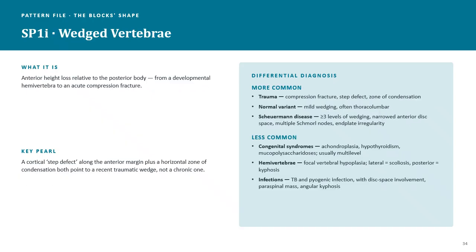This is our last case file for shape changes. In this particular file, we're looking at a wedge vertebrae. Normally the front and the back of that vertebrae are typically similar in height, meaning it's the same height from front to back and top to bottom.